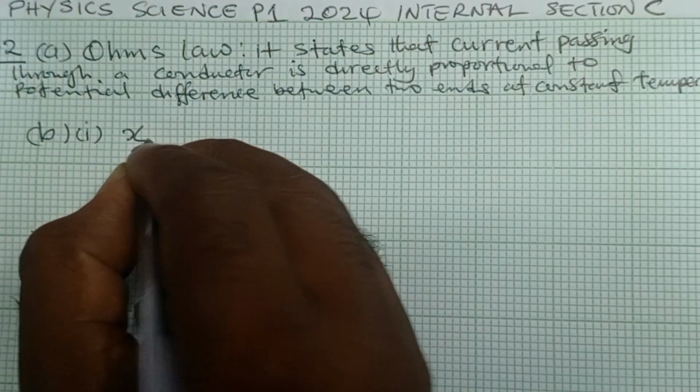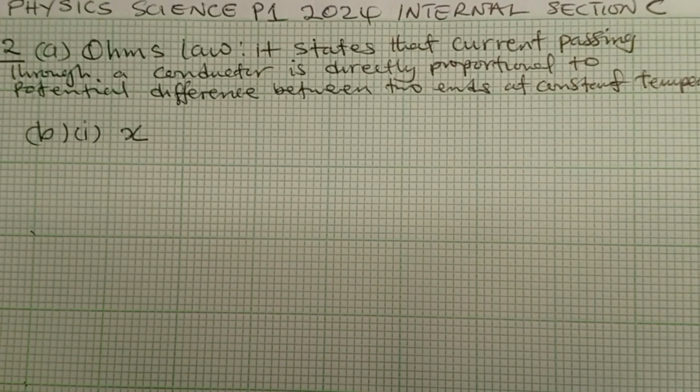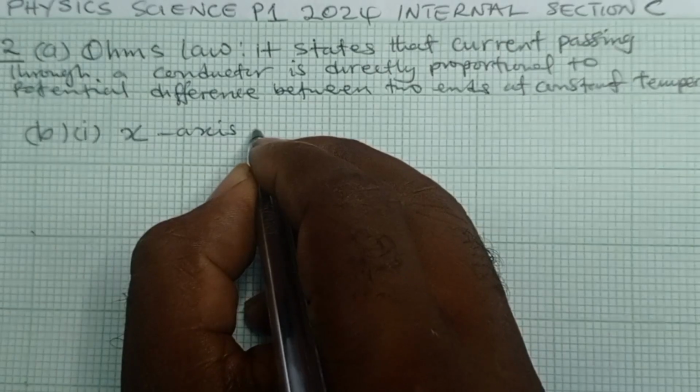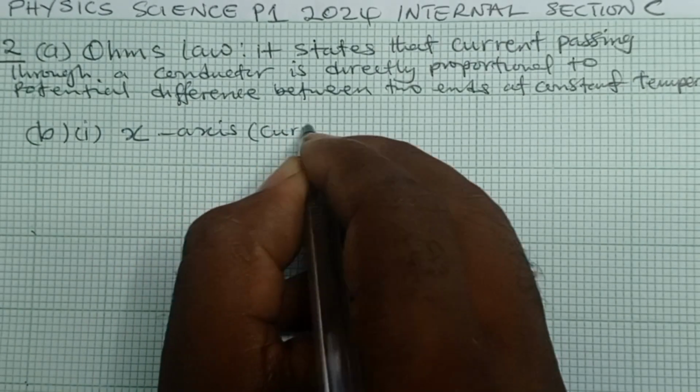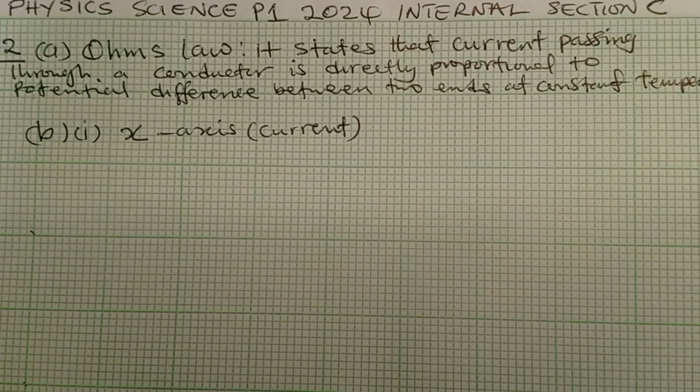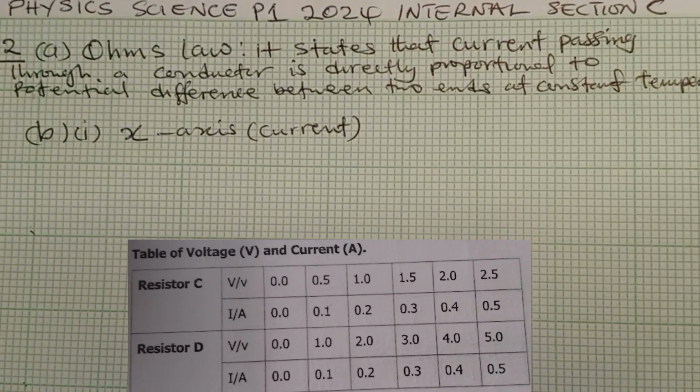Remember they are saying voltage against current, so the x-axis is current. The graph must be half of the graph paper, or more than half.